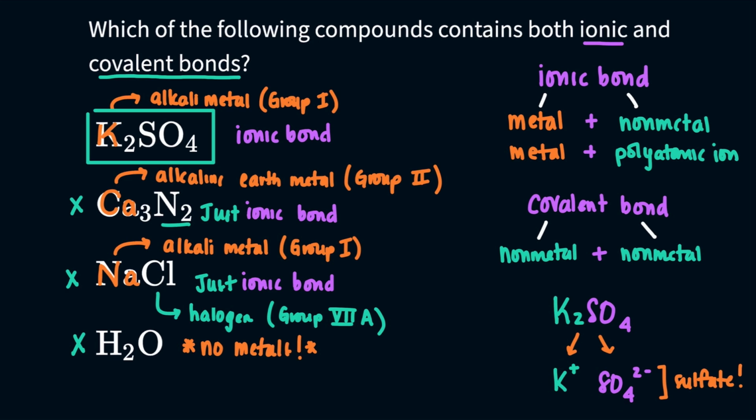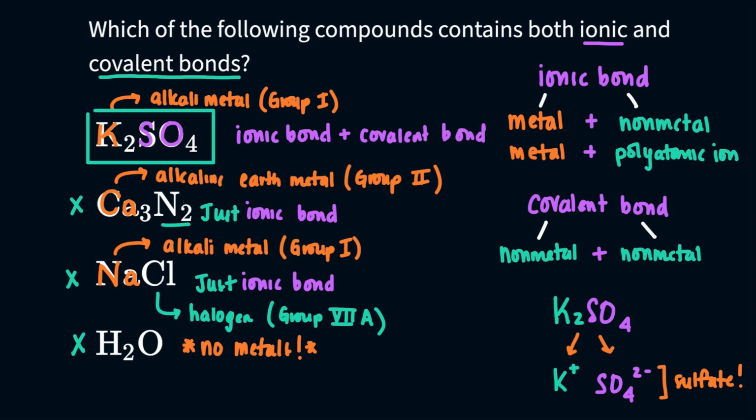That's an ionic bond. However, in the sulfate, you have different nonmetals. You have sulfur, let me rewrite that, that should be an S, with oxygen. Those are two nonmetals. Nonmetals and nonmetals interacting, that's a covalent bond. So you have both of them in this question.